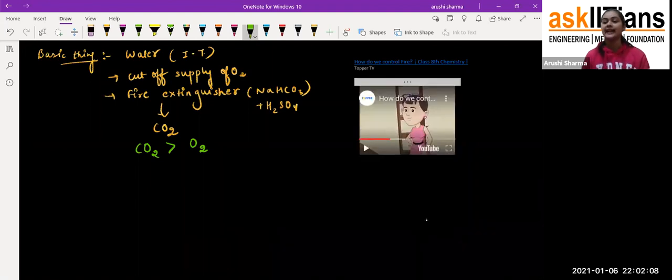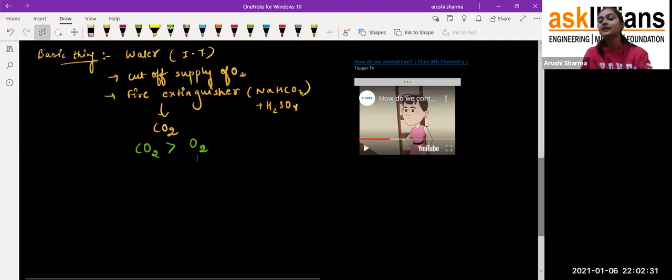See students, that is why they have told you it is not used every time. If a house is on fire and we can't help it, we can set a fire at another place, so that fire uses up all of the oxygen from that area, and the fire in the previous house gets controlled. So this is how we can control fire.